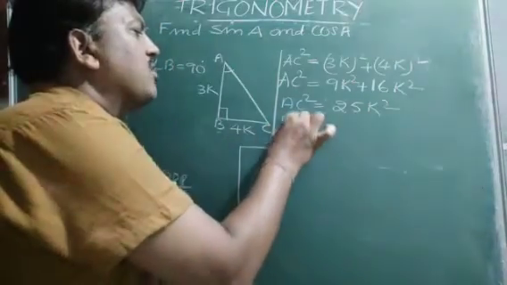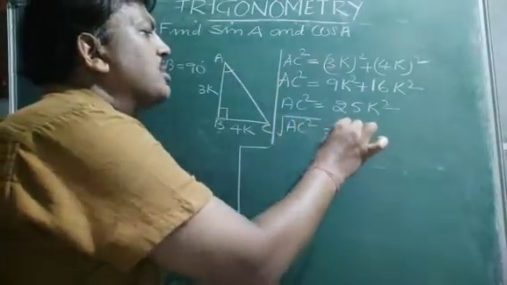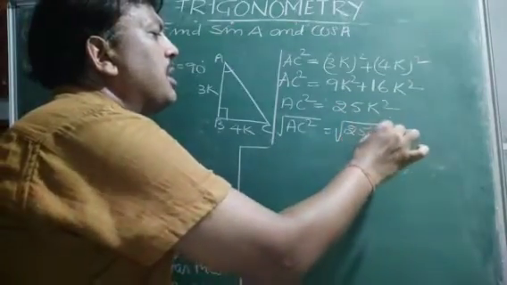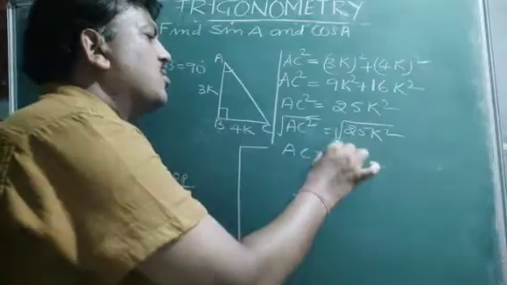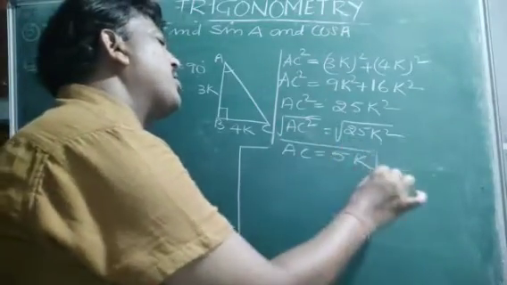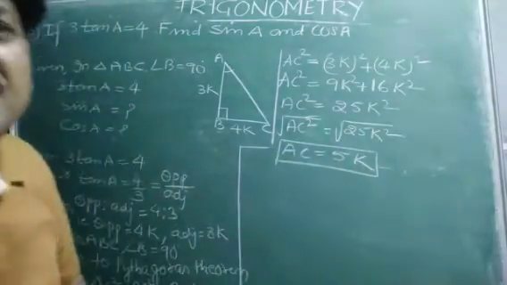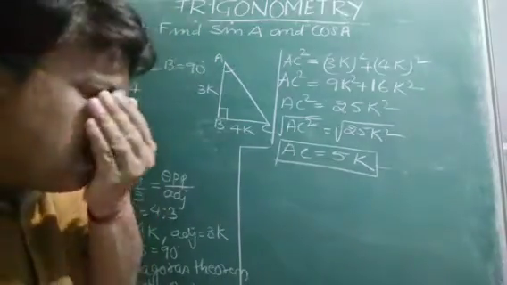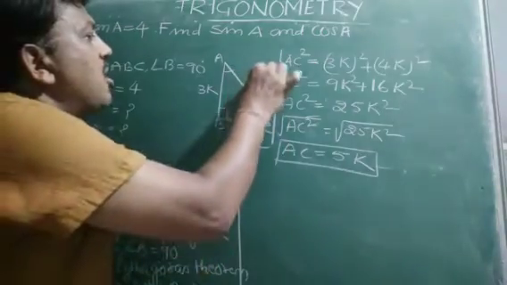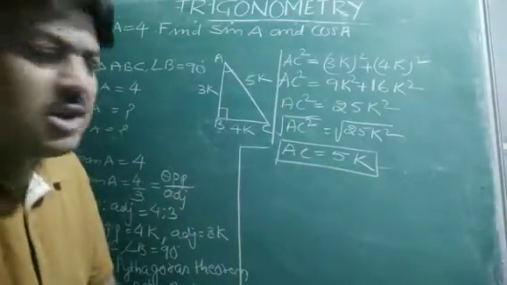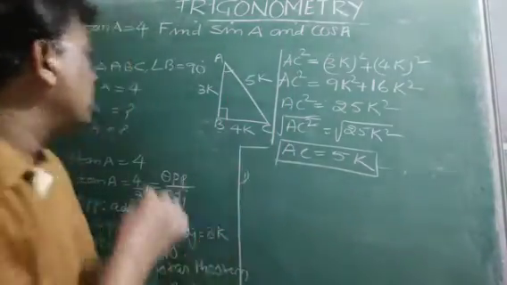To get the value of AC, apply root on both sides. So simply here the square and root cancel. AC is equal to square root of 25, 5, children, plus 5 and minus 5. Minus is meaningless for a distance side. So this value is now 5k. Okay children. Now what we have to find out?